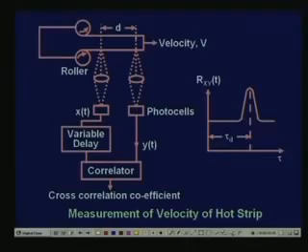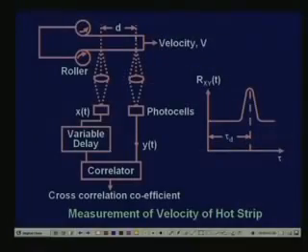Sometimes we apply lasers, or light in different frequency ranges, different wavelength light. And we can also have detectors which are actually sensitive to certain narrow wavelength bands. So if the hot strip is not radiating in that band, then we do not have any interference from the radiation of the hot strip. So this must be remembered.